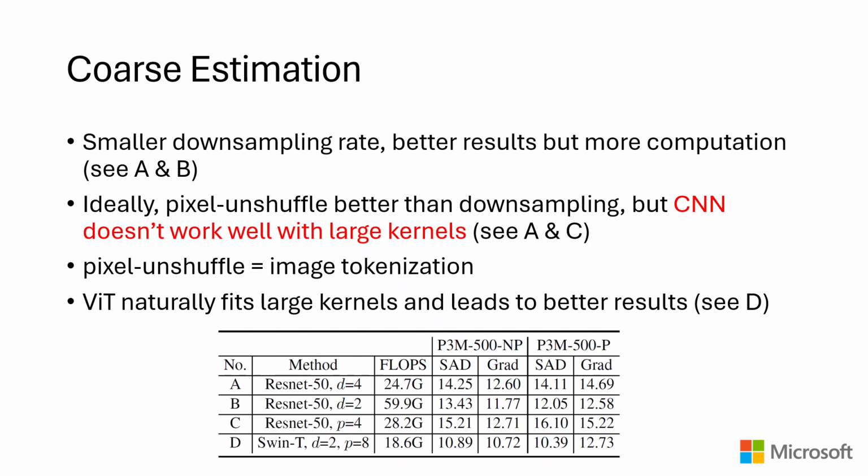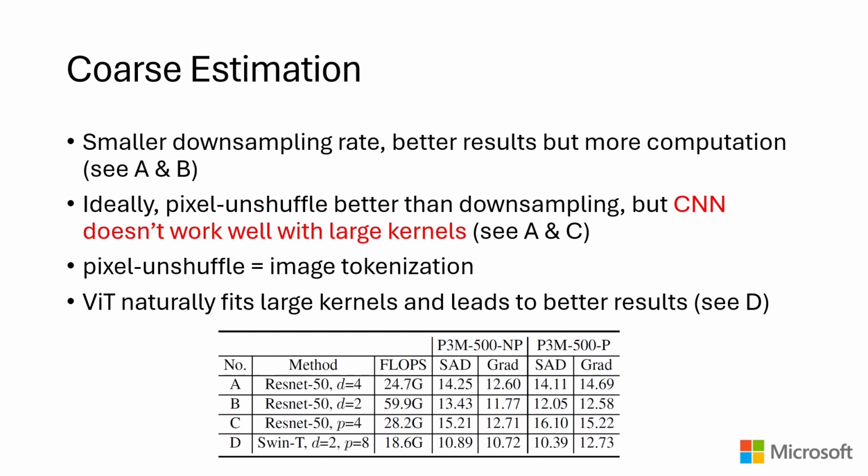Intuitively, pixel unshuffle should give us better results than downsampling. However, as shown in A and C in the table below, pixel unshuffle with a patch size of 4 is no better than the 4 times downsampling. This is because CNN doesn't work well with large kernels. In this experiment, we use ResNet50 as the coarse estimation network.